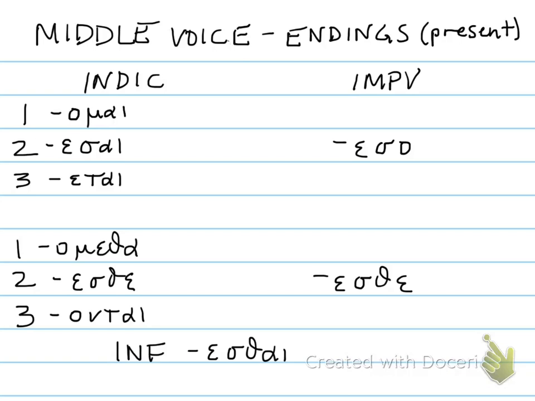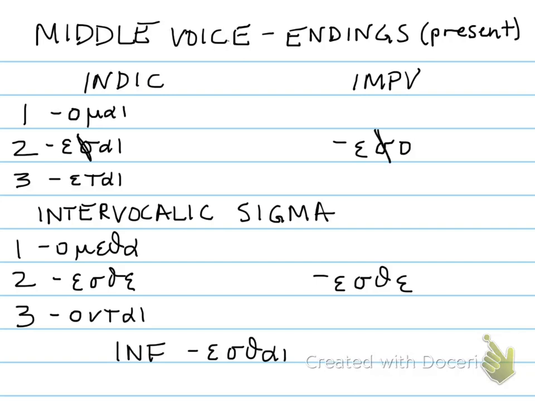Now we do some contractions. There's a linguistic rule that says an intervocalic sigma, that is a sigma that appears between two vowels, drops out. This applies to the second singular indicative and the second singular imperative.